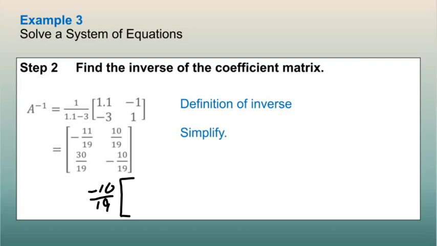the matrix. And so you're going to do, this will be 1 and then 1.1 here, 1 and then positive 3. And when you do that, you end up with negative 10/19 times 1 gives us negative 10/19.